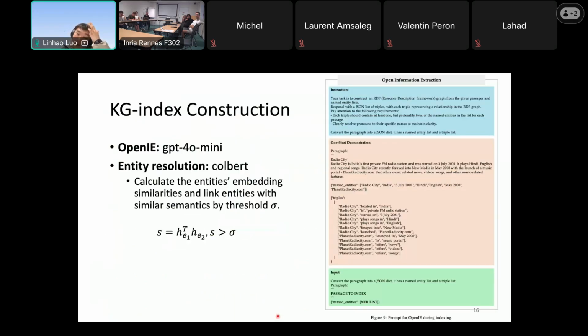So let's go into more details about our method. For the knowledge graph index construction, we just utilize a large language model.